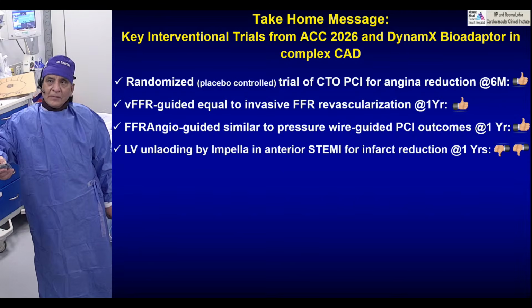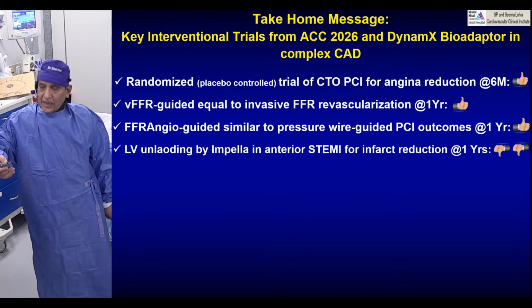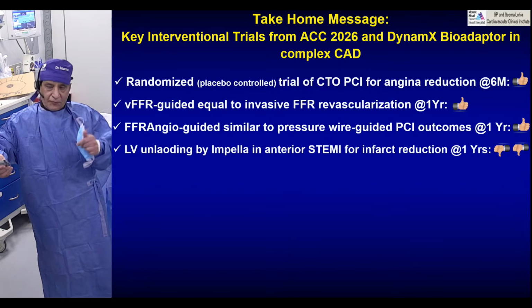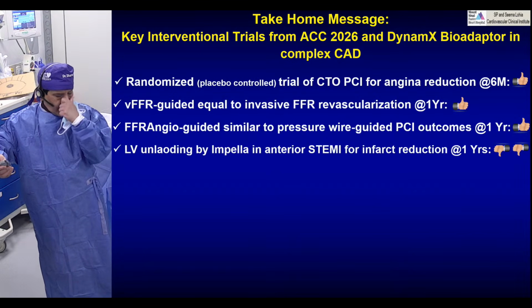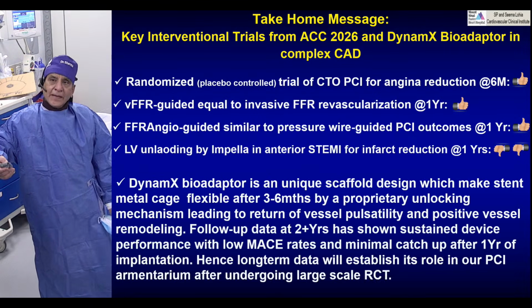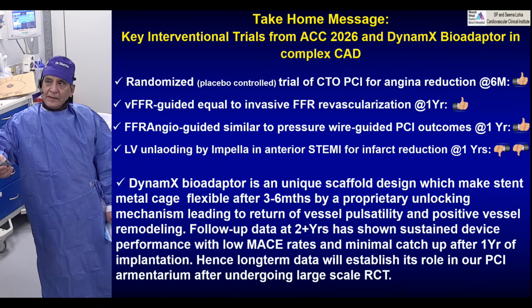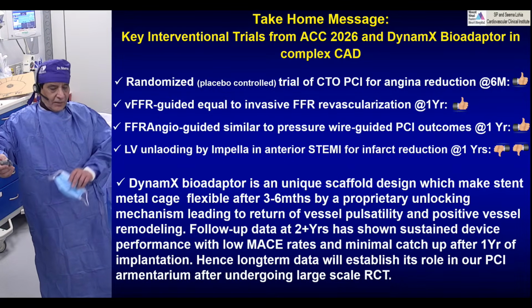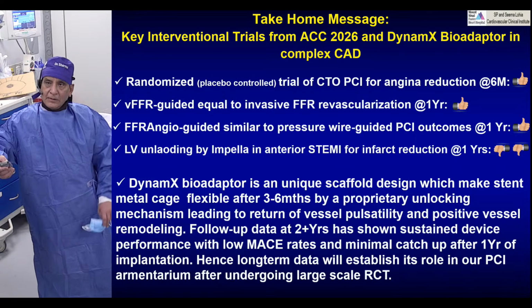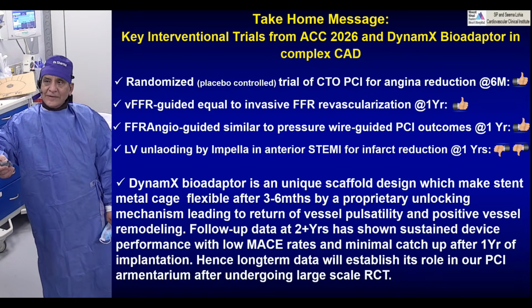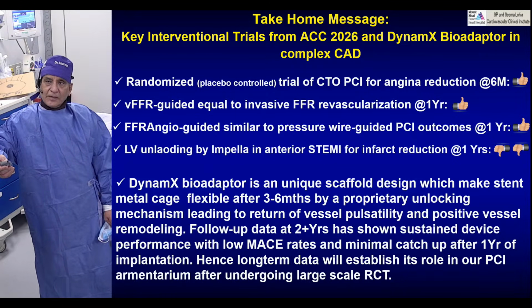Then LV unloading by Impella in anterior STEMI for infarct reduction at 1 year. I said 2 thumbs down. One, because no difference in the infarct size. Second, the higher bleeding. And lastly, Dynamx bioadaptor is a unique scaffold design which makes a stent metal cage flexible after 3 to 6 months by a proprietary unlocking mechanism when your polymer gets absorbed, leading to return of the vessel pulsatility and positive vessel remodeling.